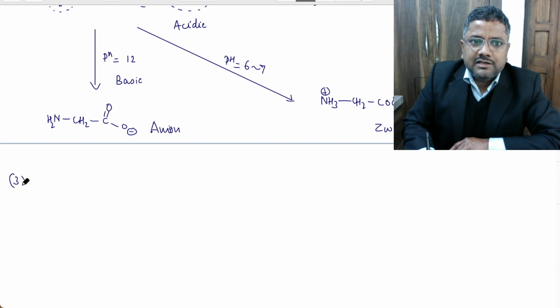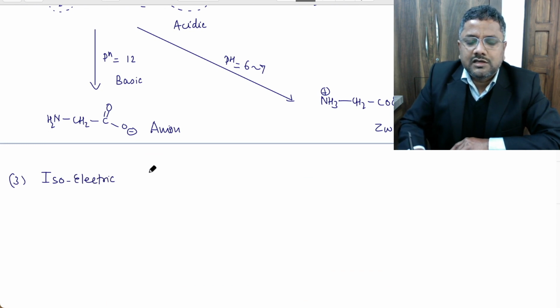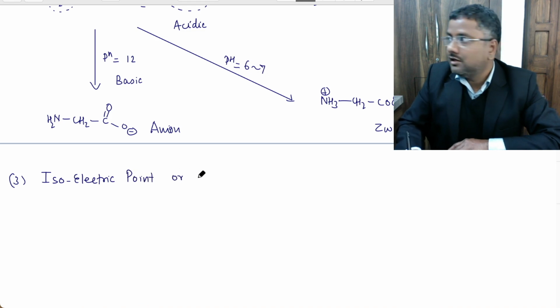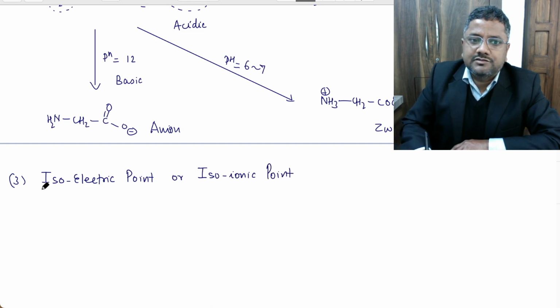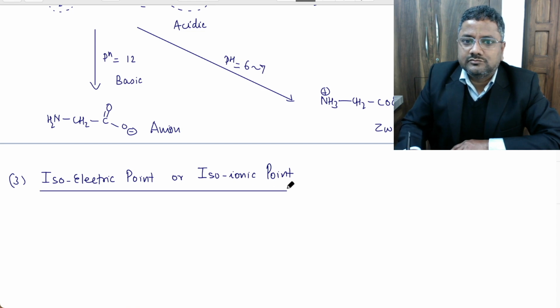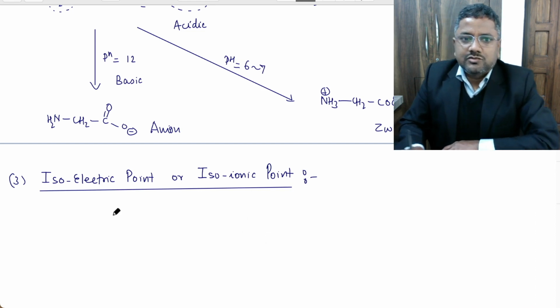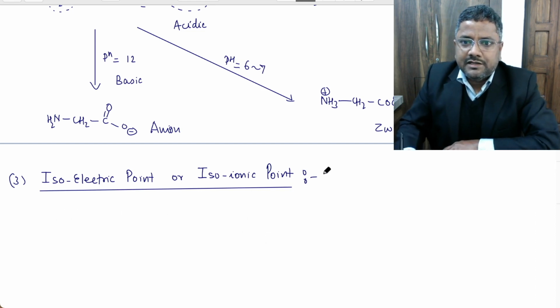So the third property is the isoelectric point, or isoionic point. It is abbreviated as pI.